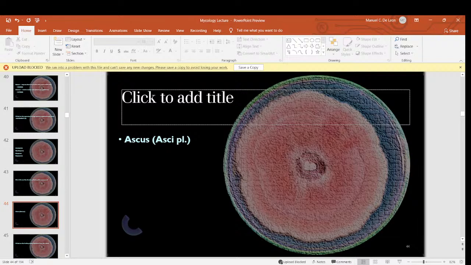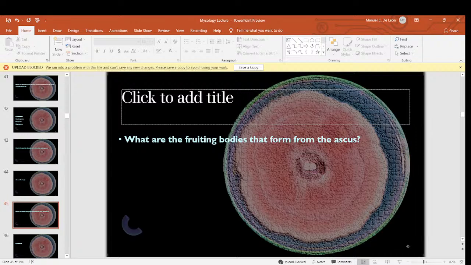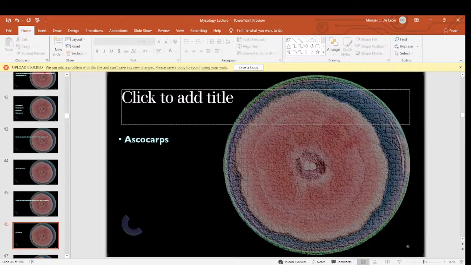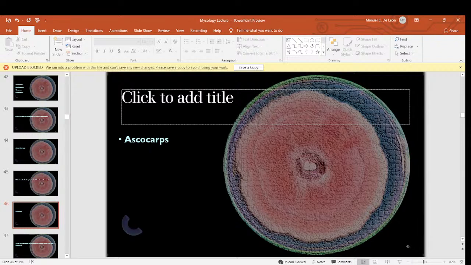The plural form is asci. The fruiting bodies of the ascus are the ascocarps. These are actually small microscopic mushrooms. So ascus, asci, and then ascocarps. Fruiting bodies usually have the carp suffix. You will see them in basidiocarps also, which is important because they include poisonous mushrooms.